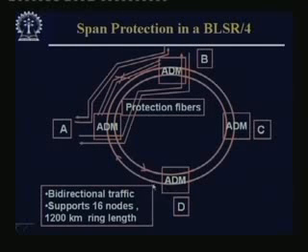This is a span protection. We are talking about say bidirectional traffic, supports maybe 16 nodes or some distance, etc. So, from A to B, for a particular span you may pre-compute that if this span goes down, what is the alternative span.